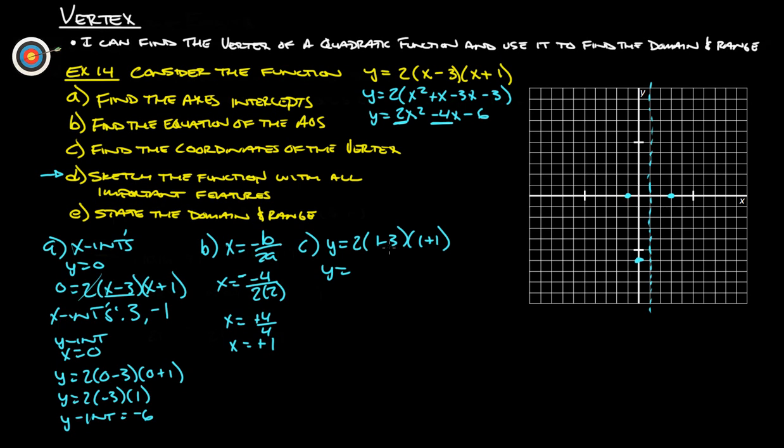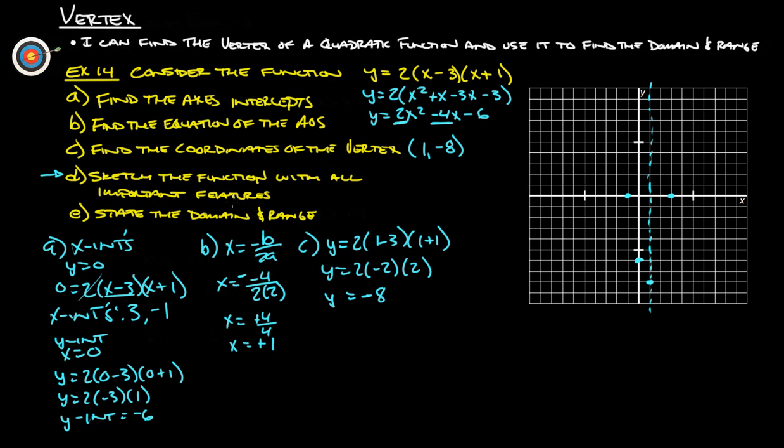So y equals 2 times negative 2 times positive 2. So we got 2 times 2 times 2 is 8, and a positive times a negative is negative. So the coordinates of the vertex are going to be at 1, because we know the x is at 1, and then the y is negative 8. So now we're at 1, negative 8, which looks pretty good, because that looks like a nice little curve there.